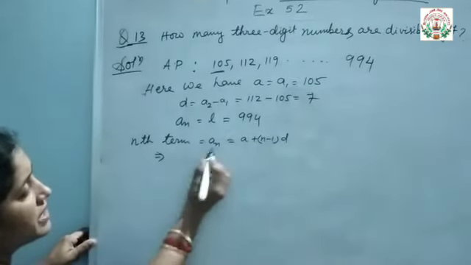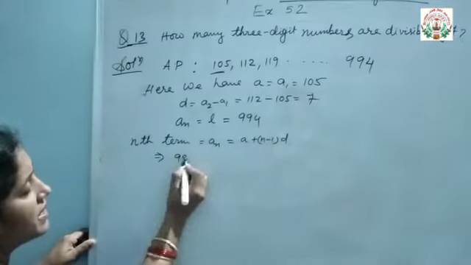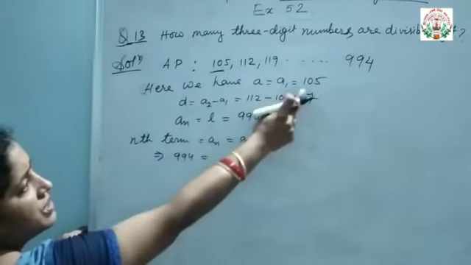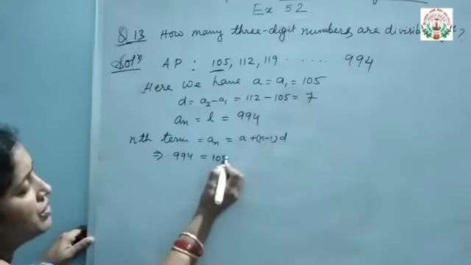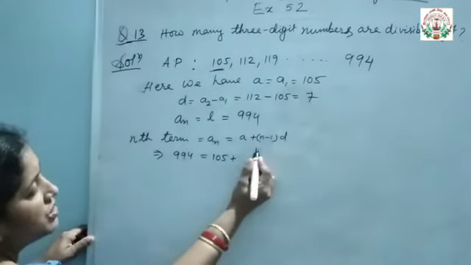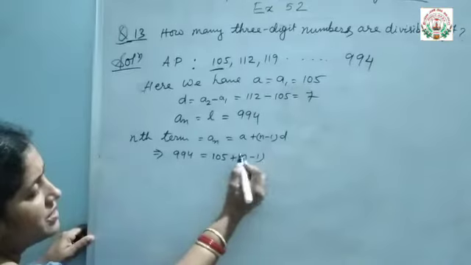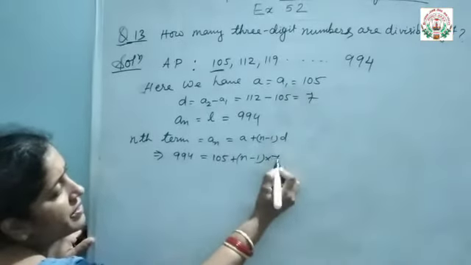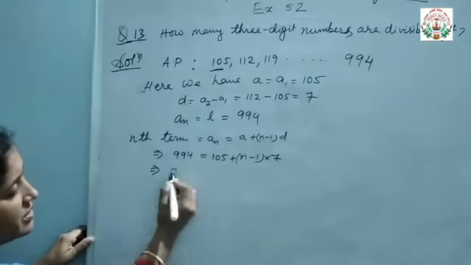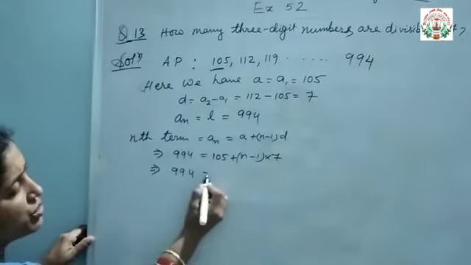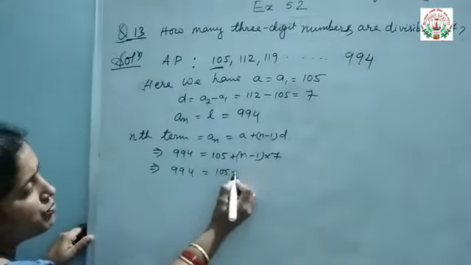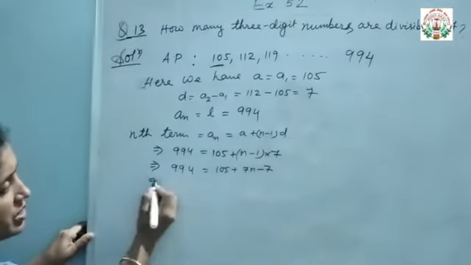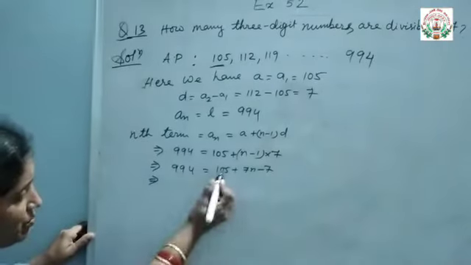So 994 equals a, which is 105, plus n minus 1, where n we do not know and have to find, into d, which is 7. So 994 equals 105 plus 7n minus 7.